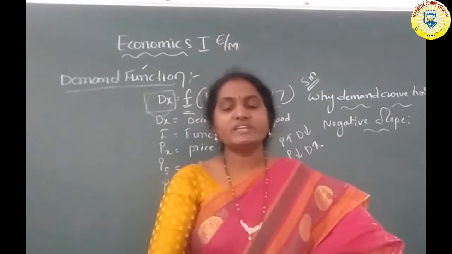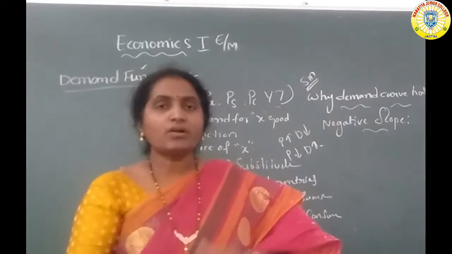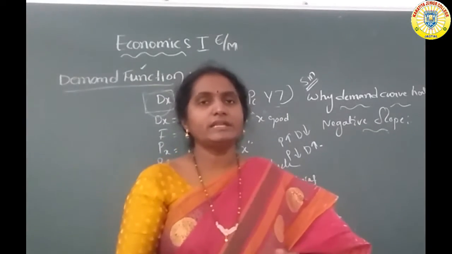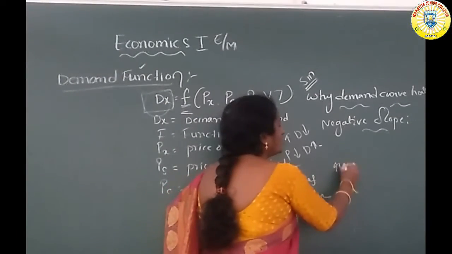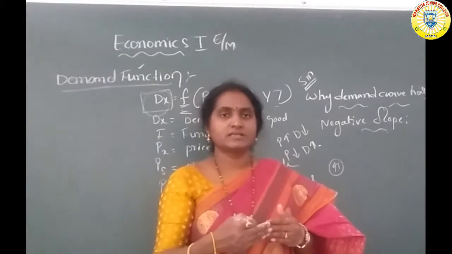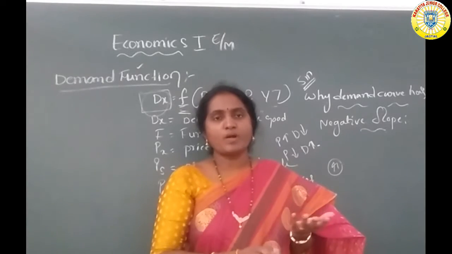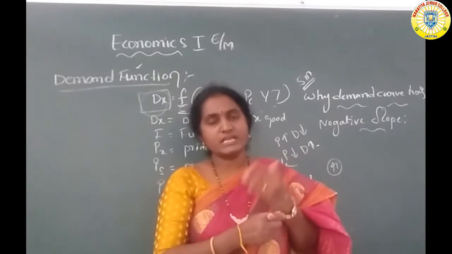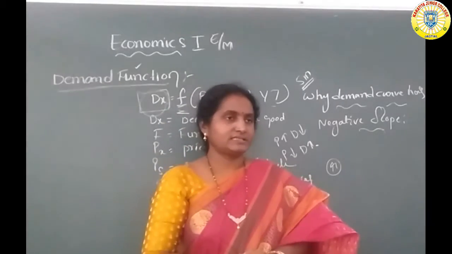The first one is diminishing marginal utility. According to diminishing marginal utility, from the previous topic, as the number of commodities the consumer consumes increases, the marginal utility decreases.